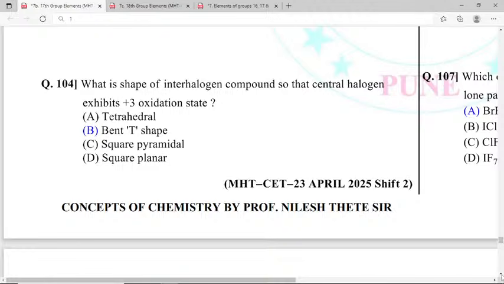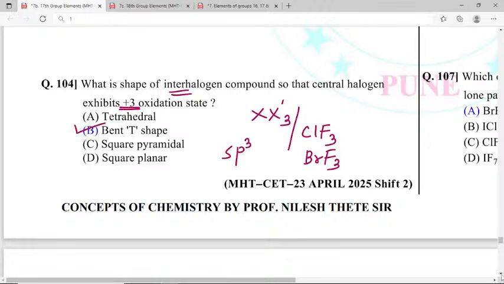What is the shape of an interhalogen compound with central atom oxidation state +3? So +3 interhalogen should be XX'3, for example ClF3 or BrF3. It should be bent T shape because the hybridization is sp3d.